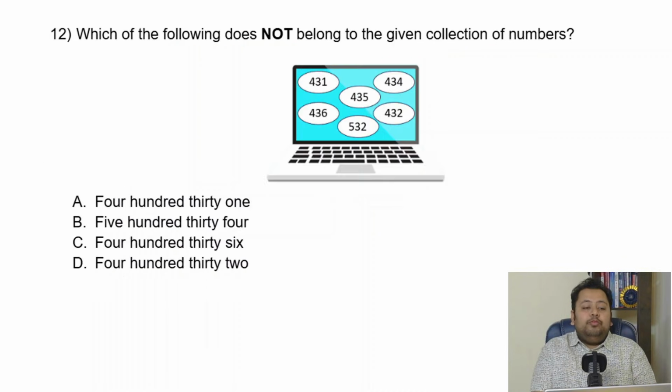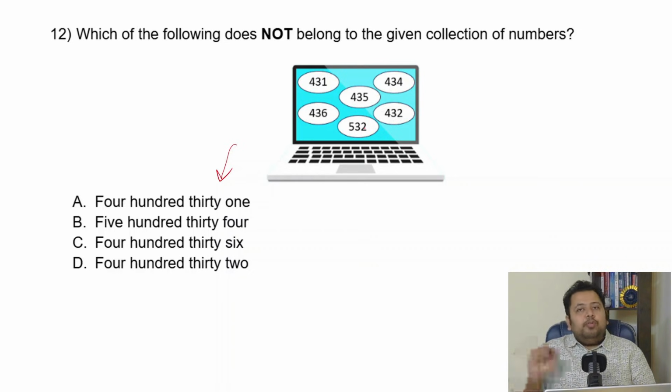And now we move to question number 12. Which of the following does not belong to the given collection of numbers? So you see a collection of numbers given here, and there are some numbers in the options, written in word form.